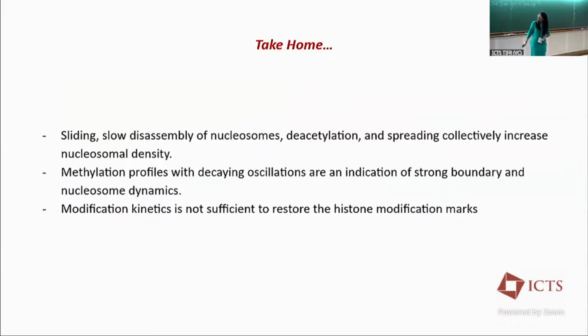So here's what I have as a summary. Slow disassembly along with deacetylation and spreading are collectively responsible for increasing the nucleosomal density. Methylation profiles show a decaying oscillation, which is an indication of strong boundary and can be regulated by regulating nucleosome dynamics. Modification kinetics alone is not sufficient to restore the histone modification marks.